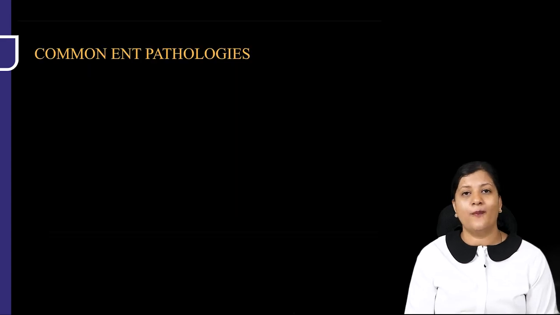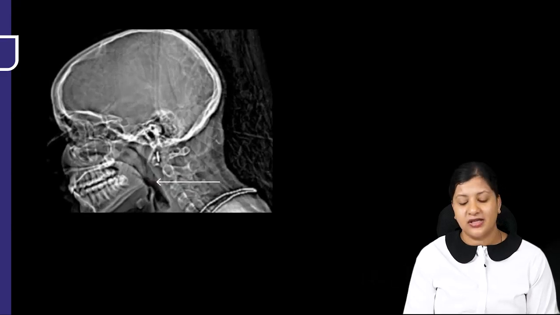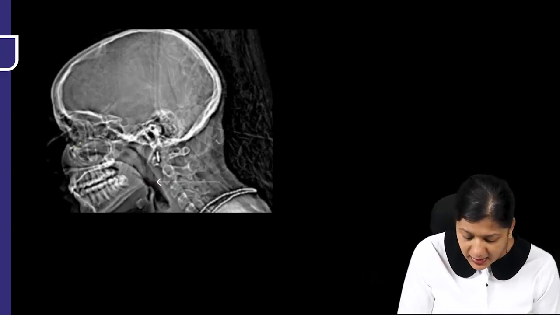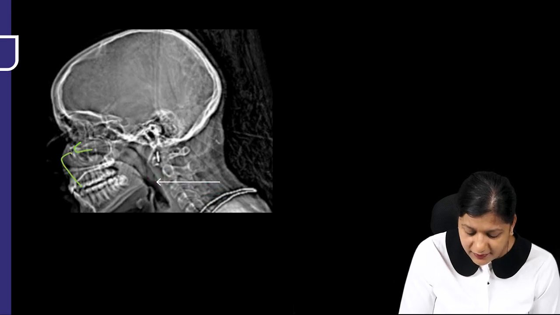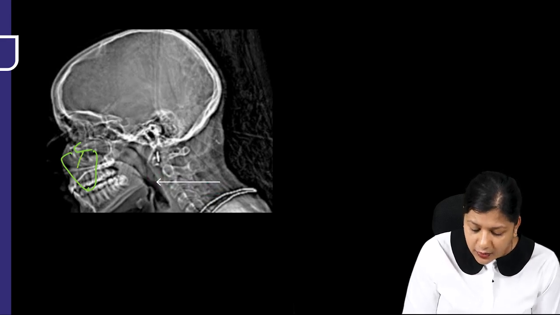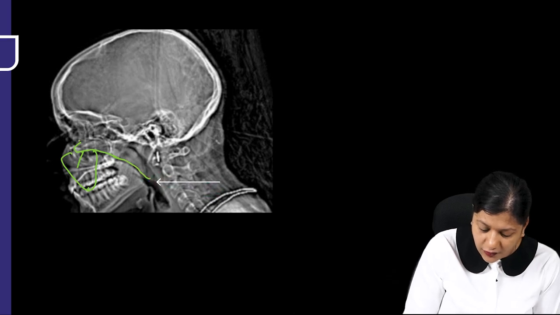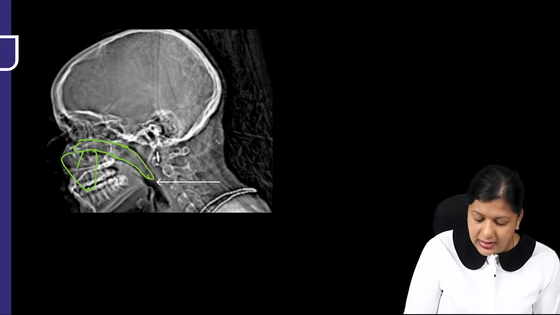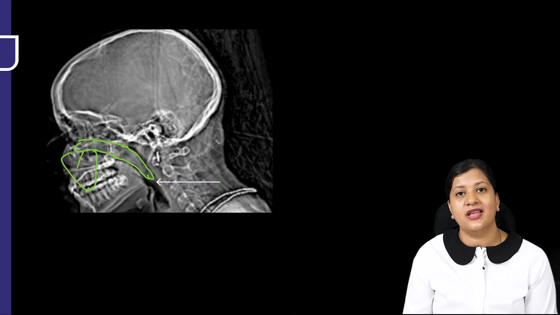Now let's see some common ENT pathologies in terms of radiology. So if you see here, there appears to be some mass coming from the maxillary sinus, actually going from there to the nasal cavity, and from there it is going into the nasopharynx. So we can see that there is some haziness, a grayish mass that is going posteriorly towards the choana.